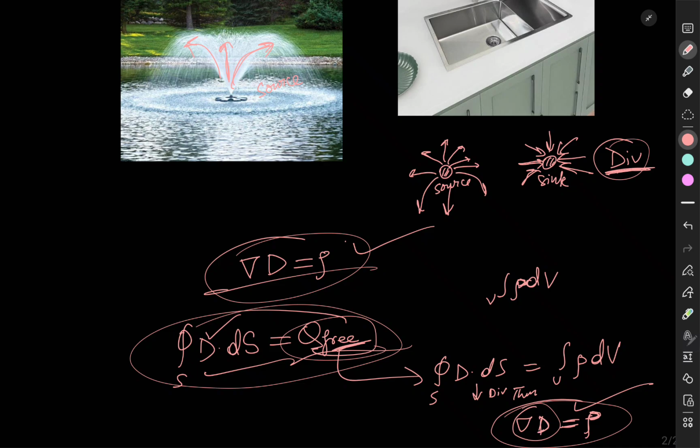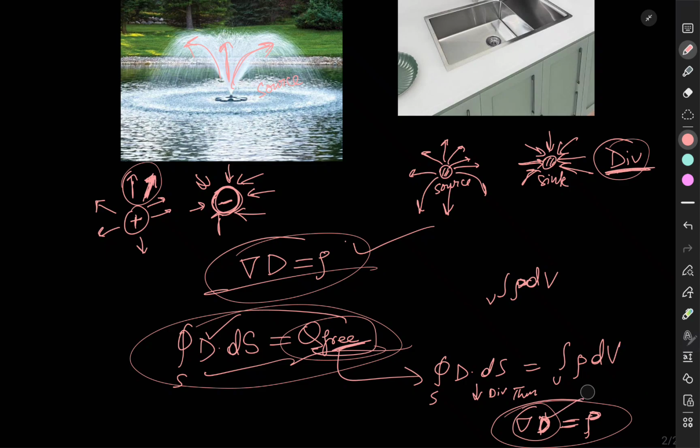This shows that in the case of positive charge, the electric displacement field must be coming outside of something, and in the case of negative charges it must be entering inside. And divergence tells about whether it is entering inside or moving outside, or simply if there is a source or a sink for this electric displacement field.